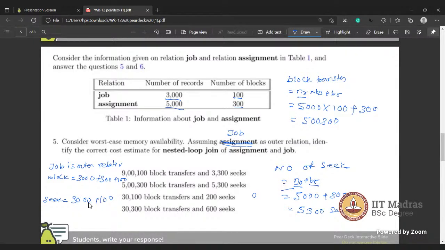So it will be 100, right? No, 300. Here job is the outer relation, so that will be 100. You got it? Next question. Everyone got this question?